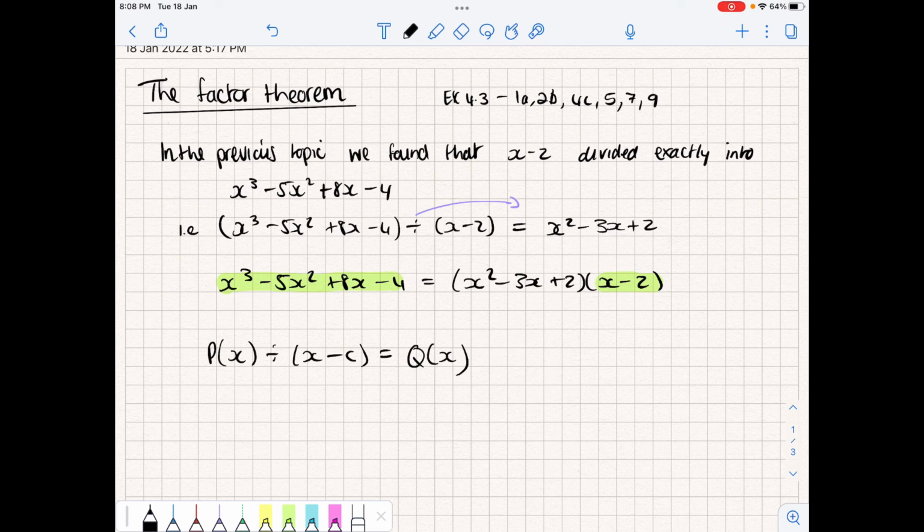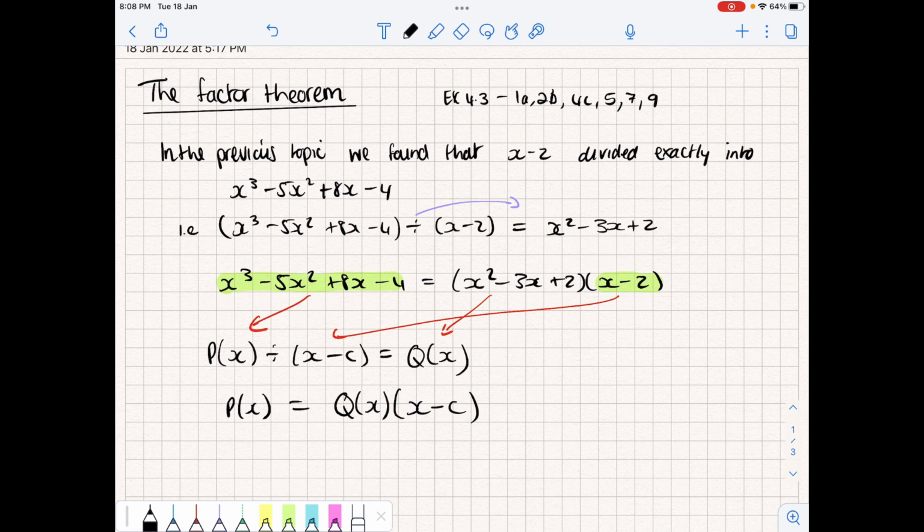So if you want to compare this from the example above, p of x would be the large polynomial, x minus 2 would be x minus c, and the result is q of x. So again, rearranging, we could write this as p of x is equal to q of x times x minus c.